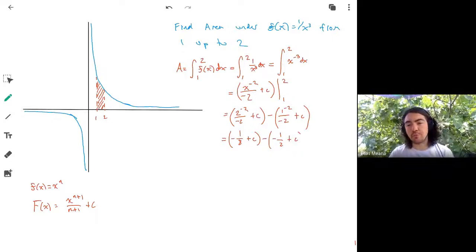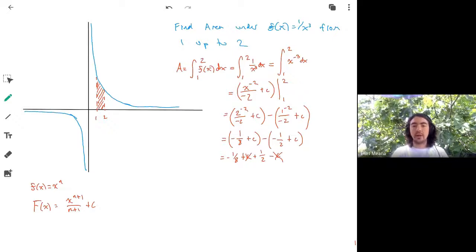Now, if we open up those brackets and simplify, we get minus 1/8 plus c minus minus, which becomes a positive 1/2 minus c. And again, we can see those c's, those constants, cancel each other out. In fact, that's always going to happen if you are doing what is called a definite integral. Definite integrals are when you're trying to find areas.